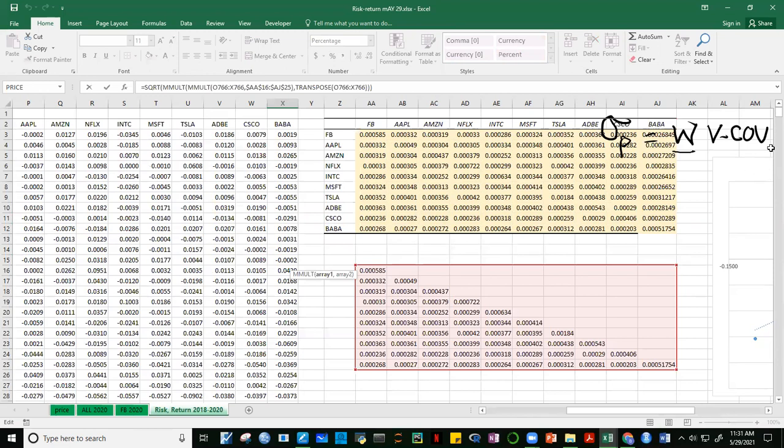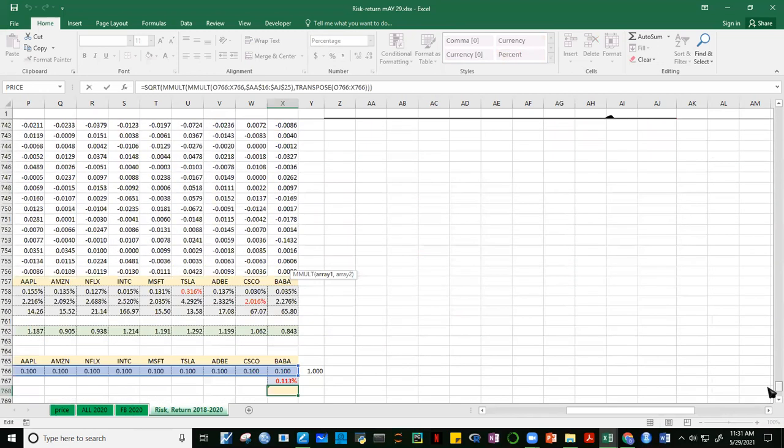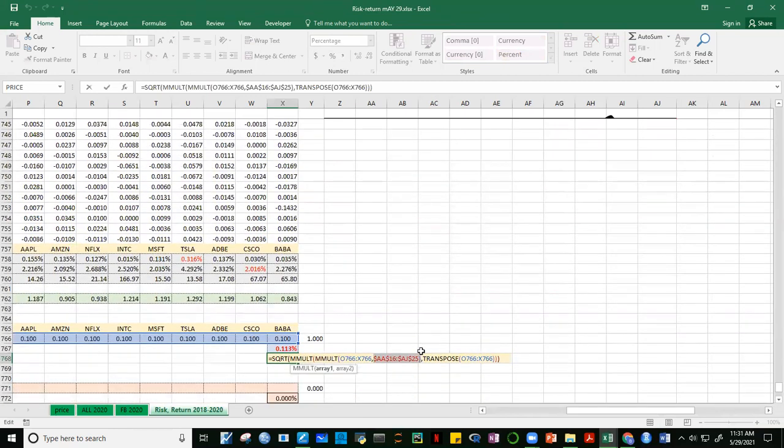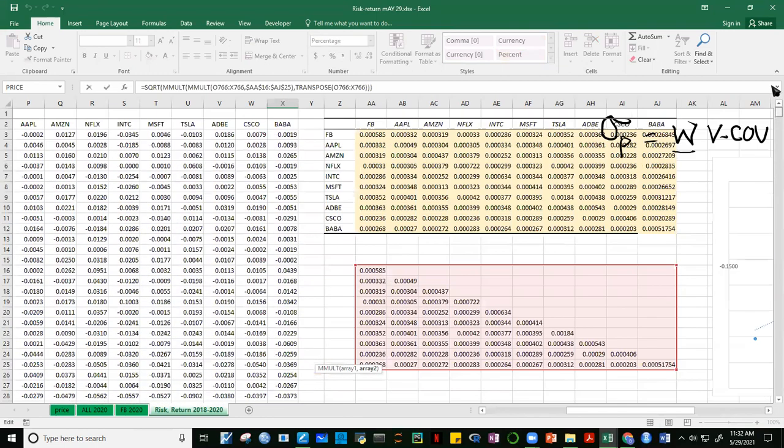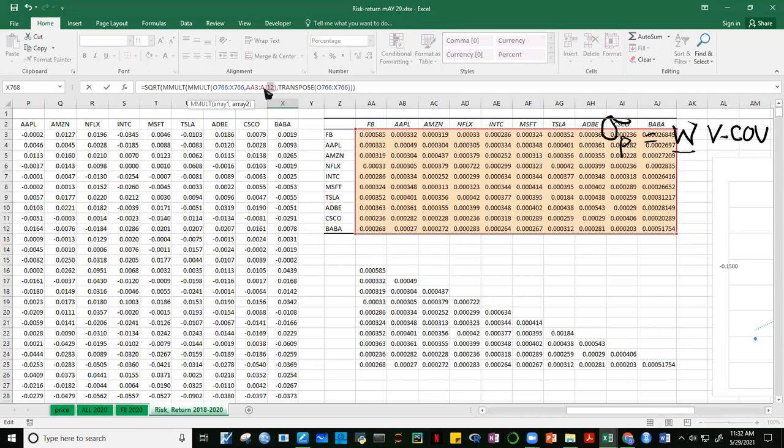Ay, wait. Dali ha. Sorry, palitan ko lang. Mukhang mali yata yung formula ko. This one should be, dapat ito siya. Yan. Tapos dapat naka-fix. Actually, hindi naman kasi, hindi naman natin ikakap. Fix lang natin.